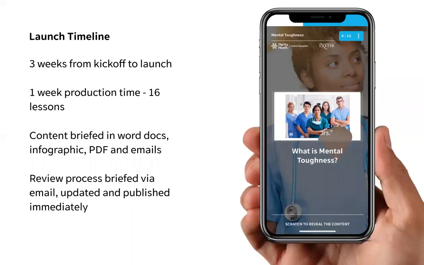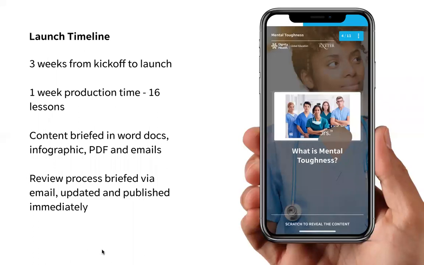Time was of the essence, and both of the subject matter experts were dealing with their own chaos that had arisen from COVID and changing the way that they taught classes. So we had a kickoff, and the launch was 3 weeks after that. But because of the chaos for the SMEs, we only had 1 week of production time to do 16 lessons.